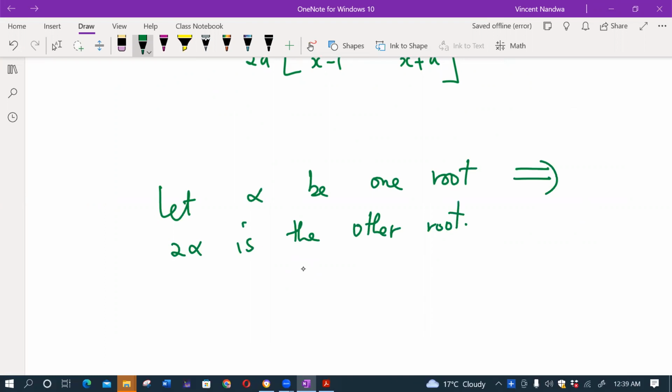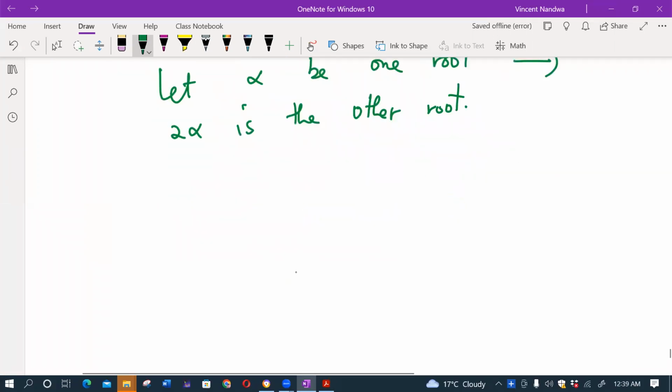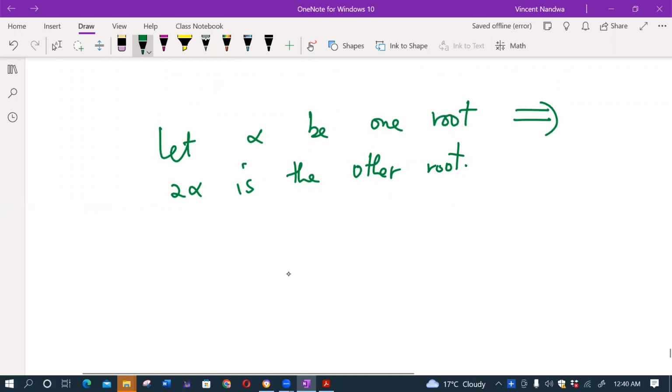This is also testing on Vieta's identities, such that the equation given is 2y squared plus minus ay plus 64 equals 0.